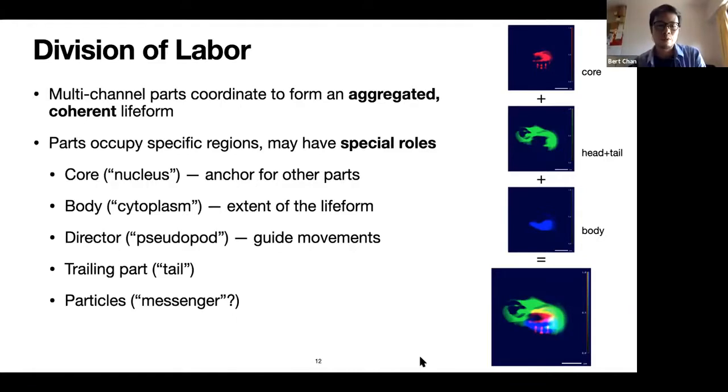Interestingly, some channels may form parts that look like a pseudopod that guides the movement of the whole creature. Like these three channels, red, green, blue, they combine to form a life form, but the parts themselves are doing their own work.